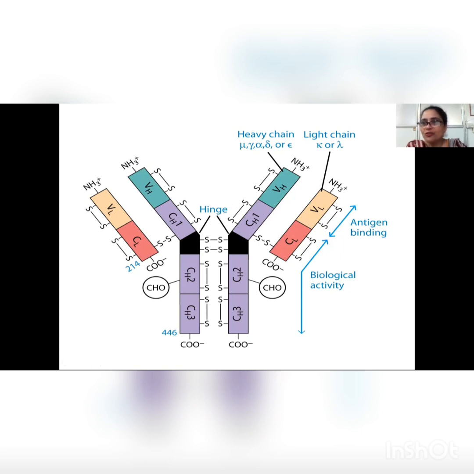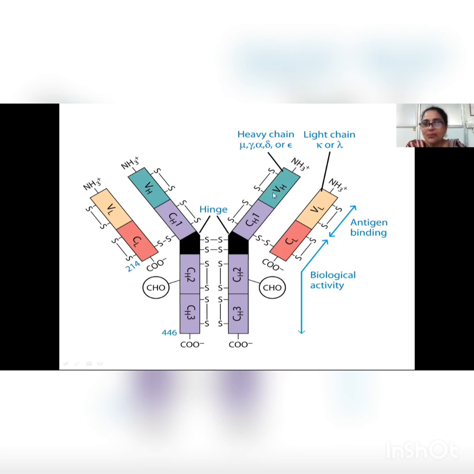Antigens can be hundreds of types. Even mutations are taking place in microorganisms every time, so antigens are always changing. But these same antibodies are fighting against all types of antigens because they have this variable region. This is the variable region in the light chain as well as in the heavy chain.